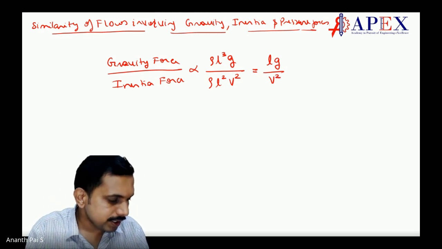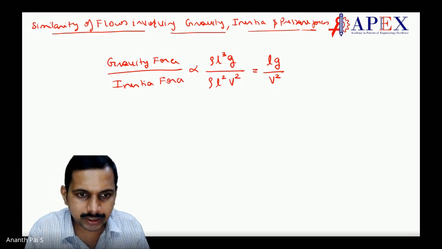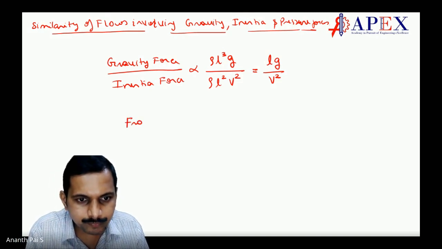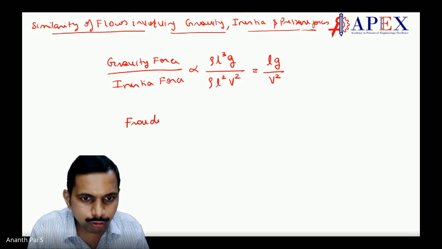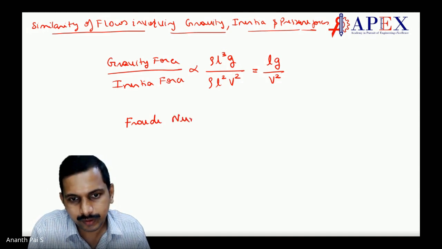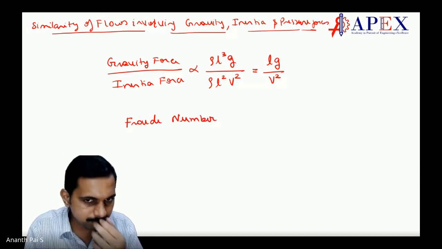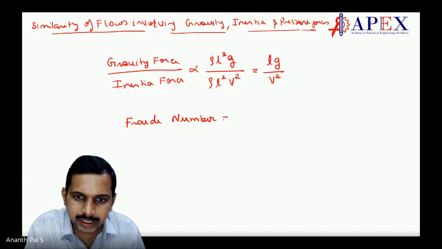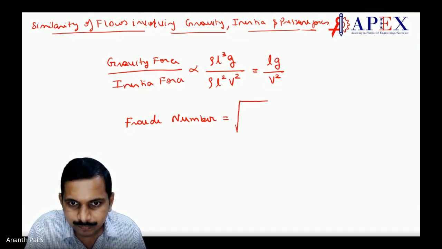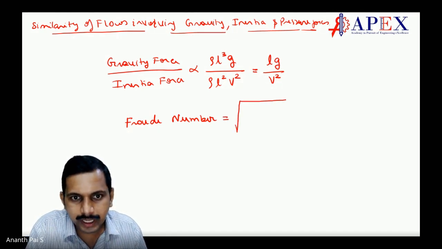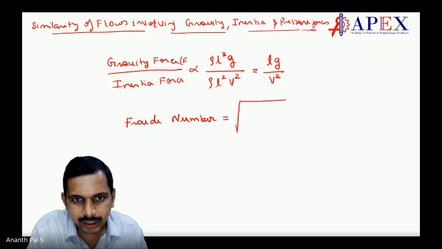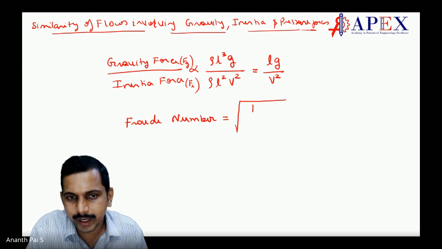Now this is related to the Froude number. What is the Froude number? The Froude number is the square root of the gravity force Fg by the inertia force Fi.